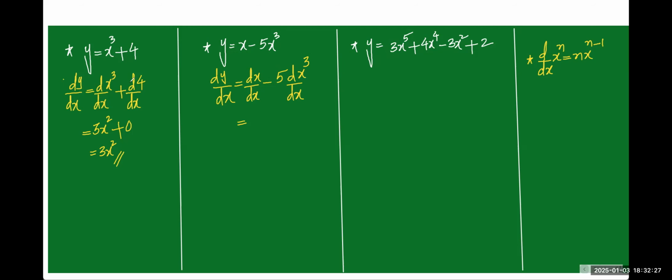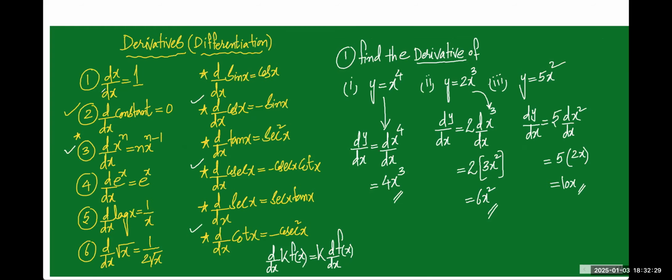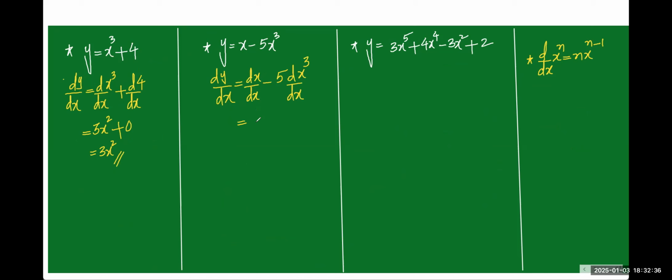Rule number 1: d by dx of x is 1. The derivative of x with respect to x is 1, minus 5 into this formula we wrote here, that is 3x square, which is equal to 1 minus 15x square. Are you getting this one? 1 minus 15x square.